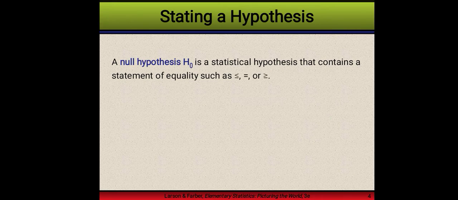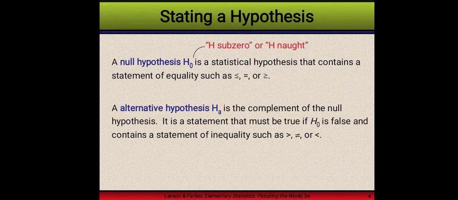Stating a hypothesis, we have a null hypothesis, represented as H sub 0 or H naught, is a statistical hypothesis that contains a statement of equality such as less than or equal to, or greater than or equal to. Those are the symbols in the null hypothesis. And we have the alternative hypothesis represented as H sub A. It is the complement of the null hypothesis.